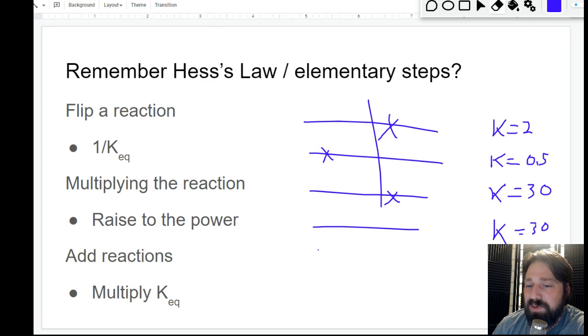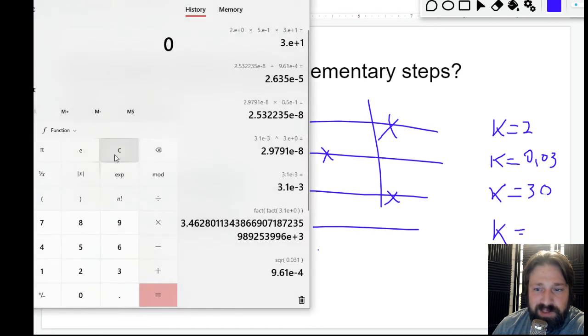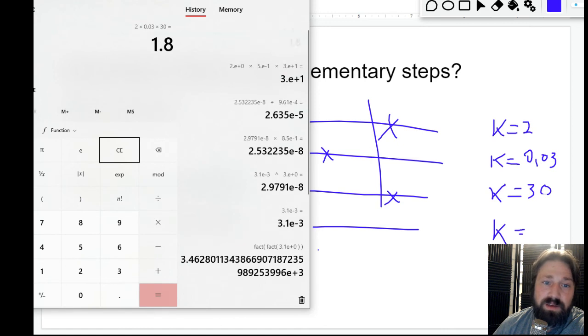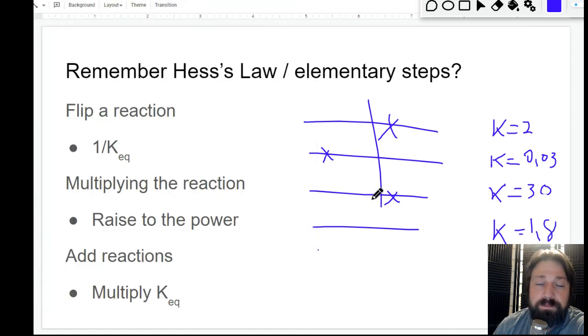Let me choose some different numbers here. Let's not do 0.5. Let's do 0.03. There we go. So now what is this going to be? 2 times 0.03 times 30. And we get a new K of 1.8.